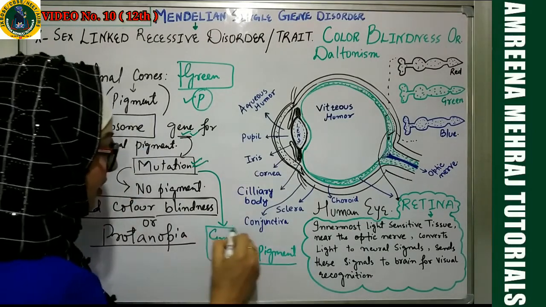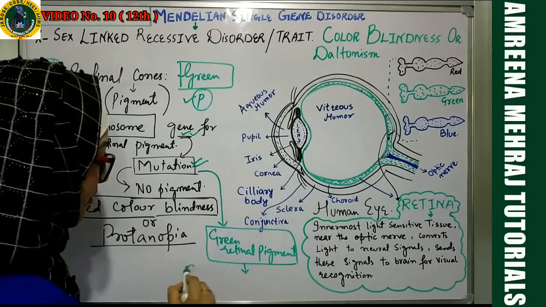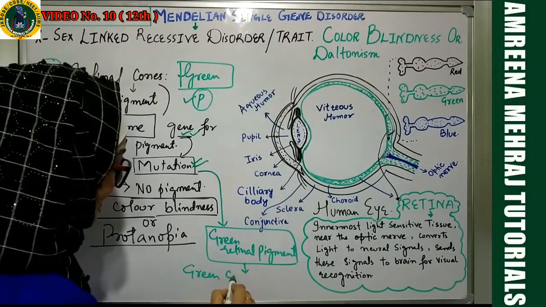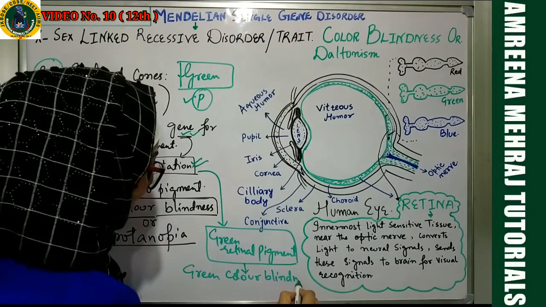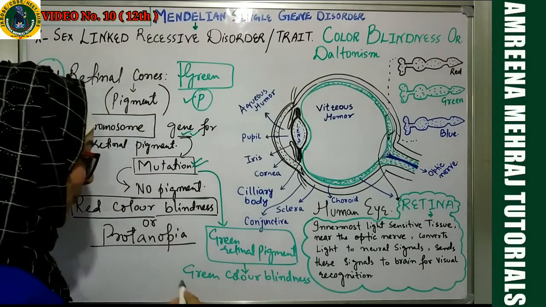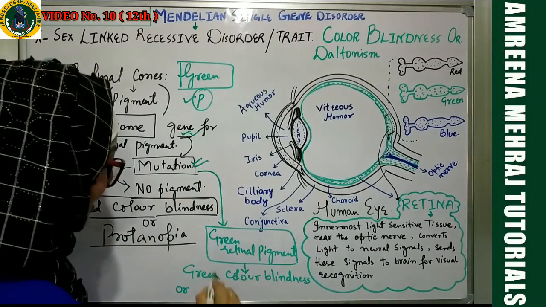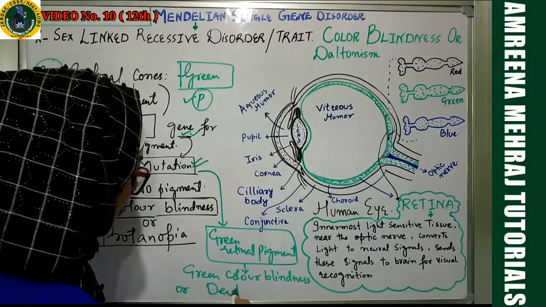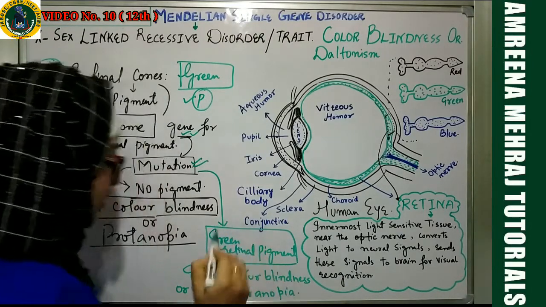Consequently, he will not be able to visualize the green color, so he will suffer from green color blindness. As we call the red one protanopia, we call this condition deuteranopia.